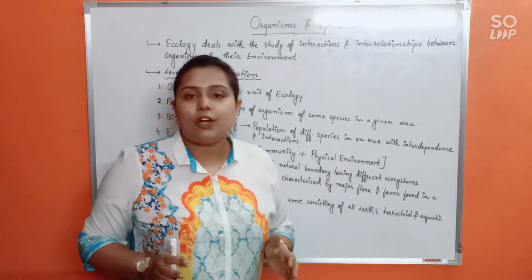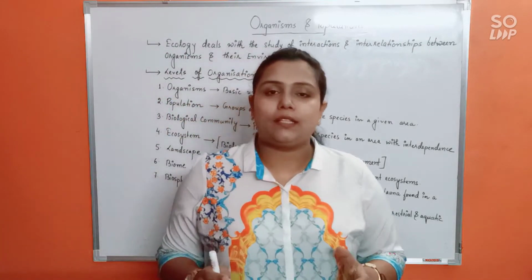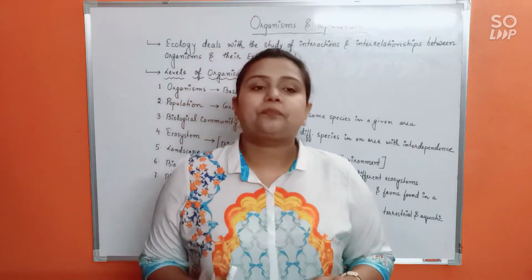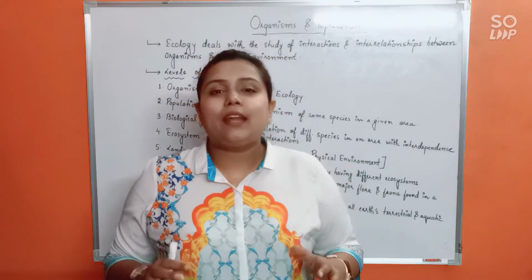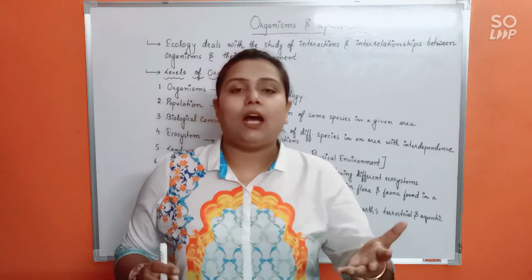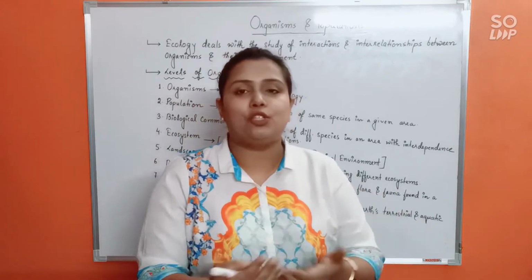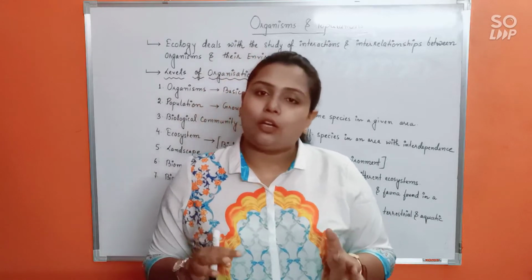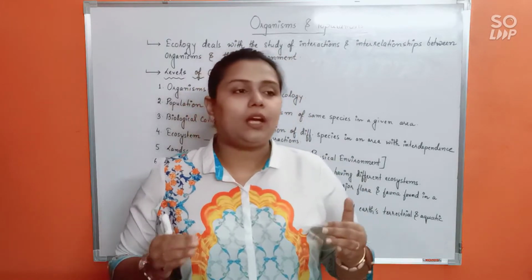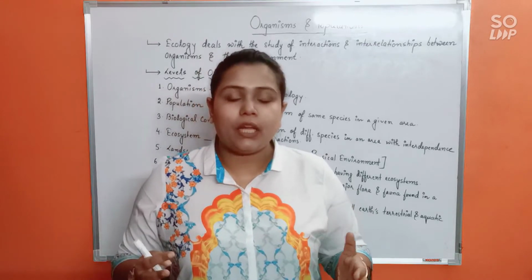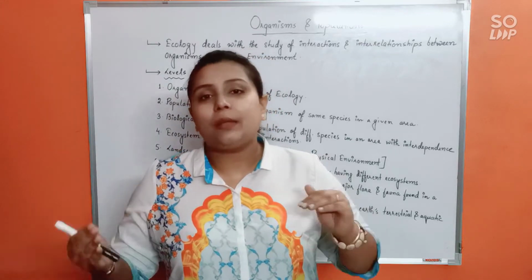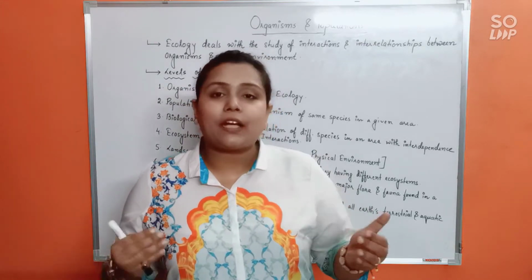Because whenever an organism is found in a given area, it will not be able to survive only by interacting with other biological organisms. Biological organisms are important. We are continuously interacting with other species in our surroundings, and we are interdependent on them.